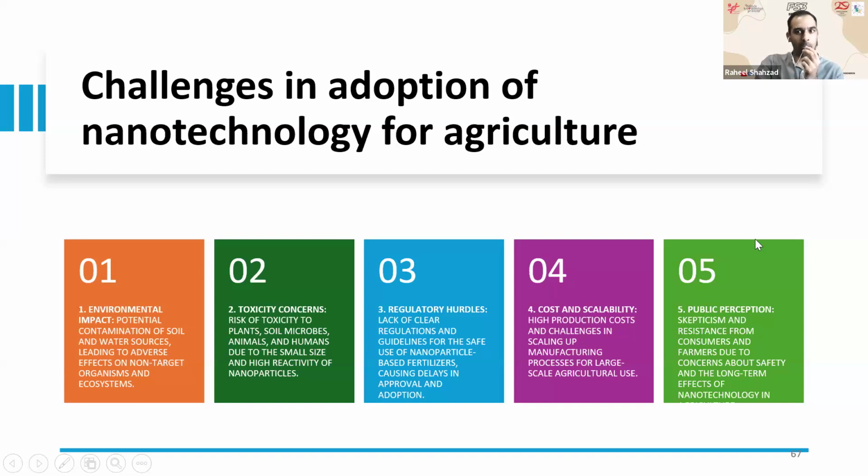And of course, public perception also needs to change, with more awareness, to overcome the skepticism and resistance to adopting these new agri-revolution technologies.